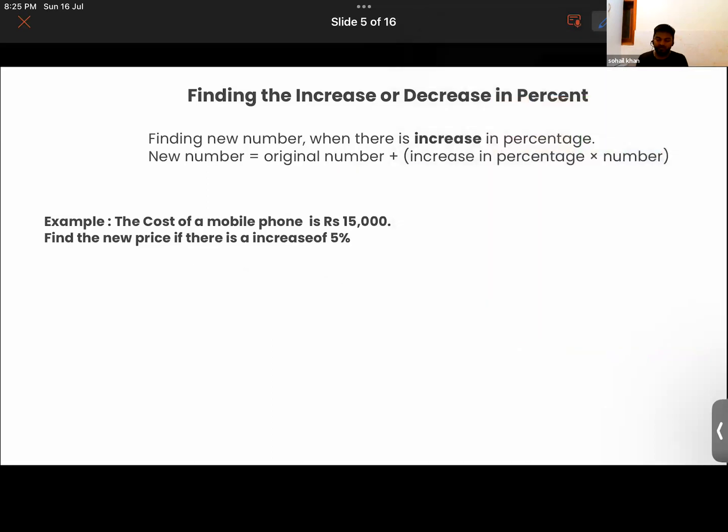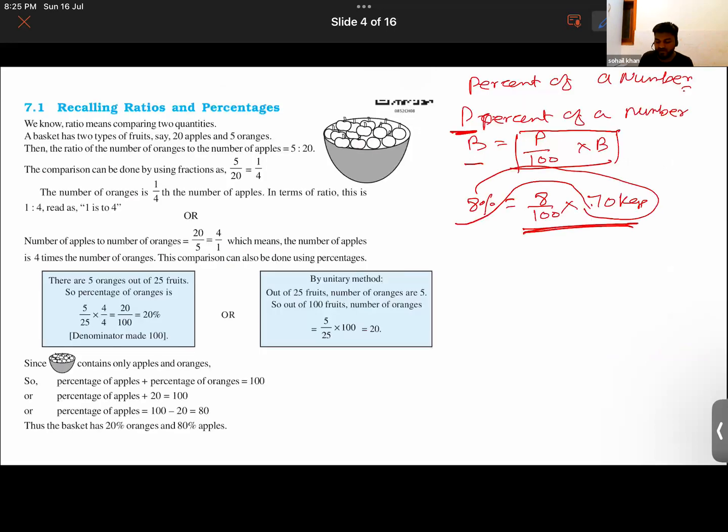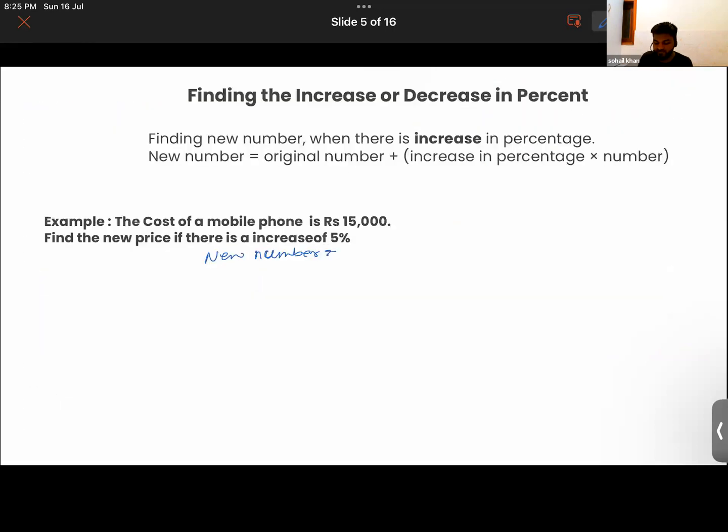Okay. Now, for the first question, the new number which you guys obtained was 15,750. Right, guys? 15,750. So you see, sometimes we need to know the increase or decrease in a certain quantity in terms of percentages.